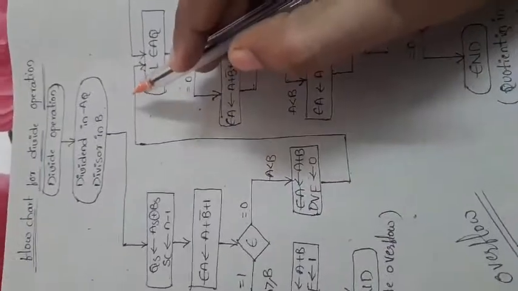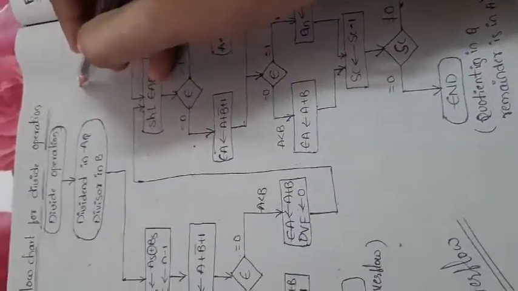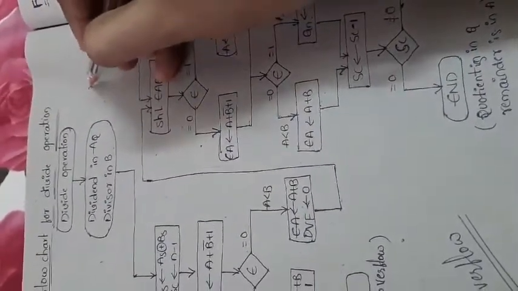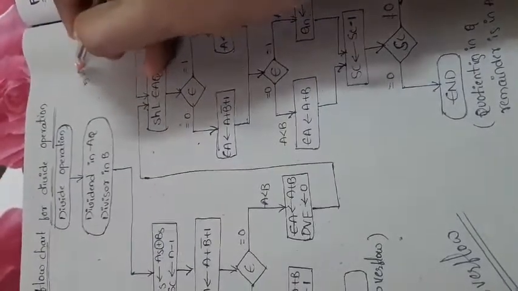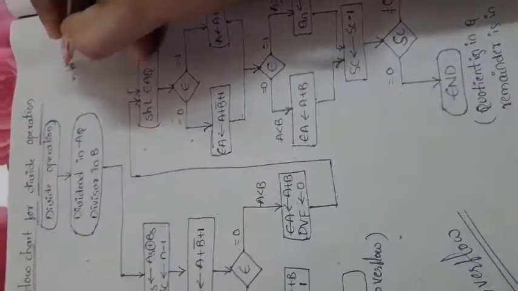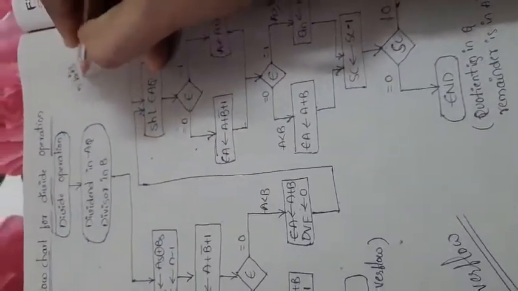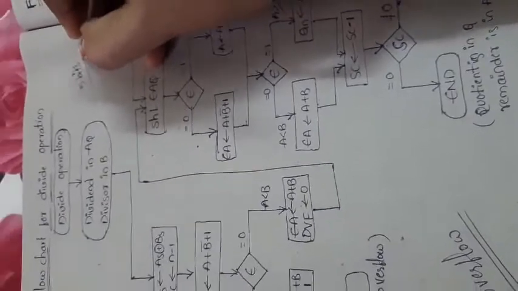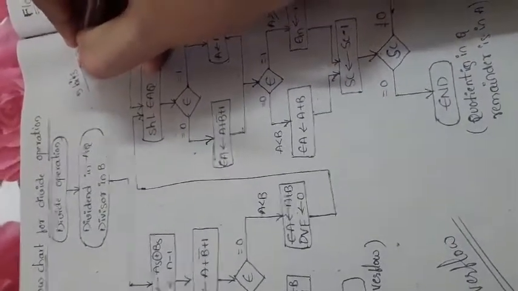Let me explain. Suppose the size of a register is 5 bits, so it can store only up to 5 bits.